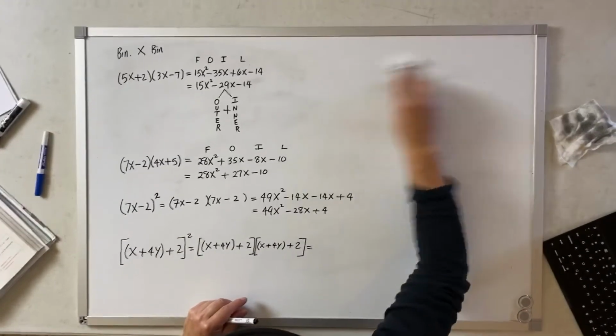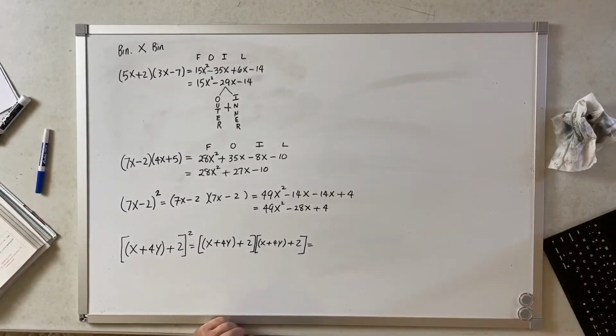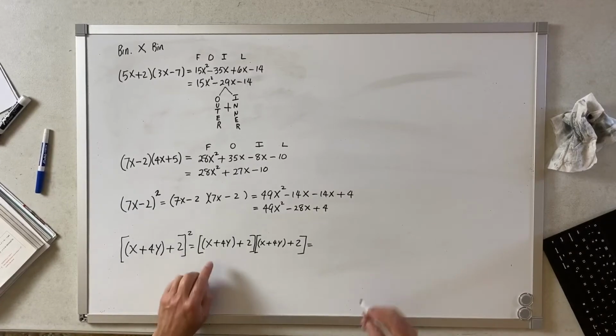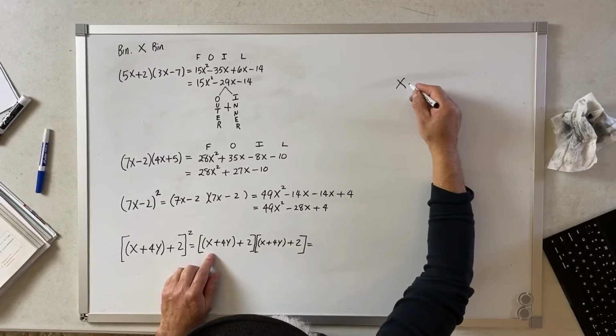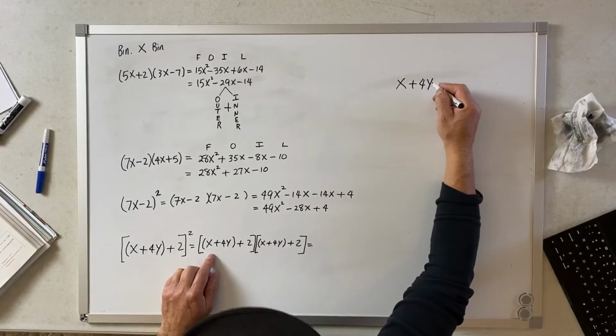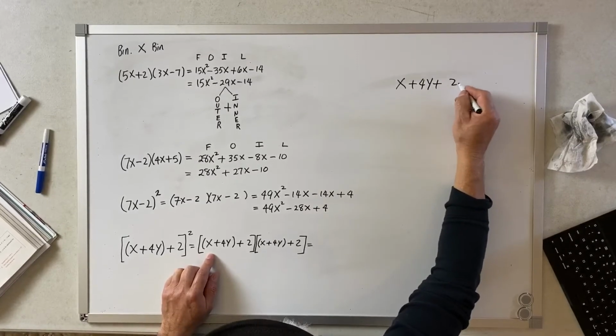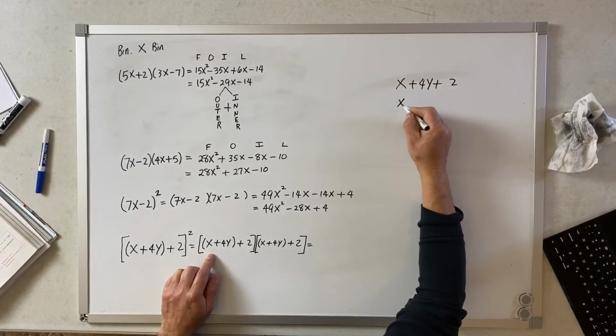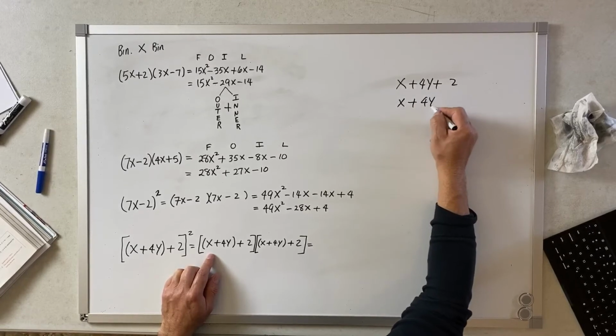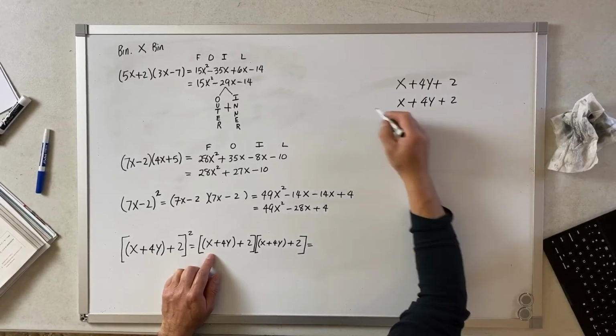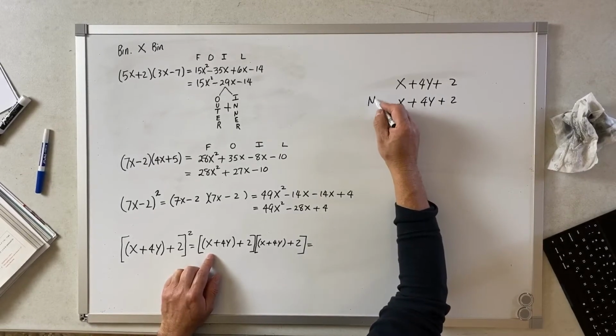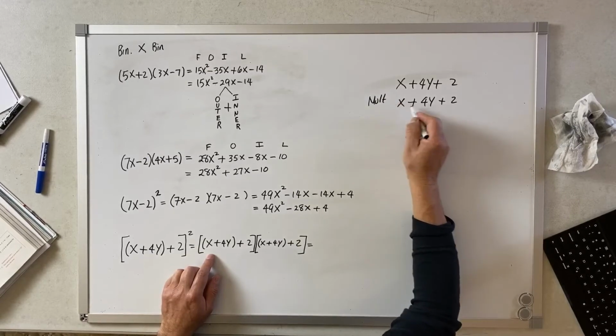Let me write that again. x plus 4y plus 2, and then below x plus 4y plus 2, and I am going to multiply just like before. Remember that?